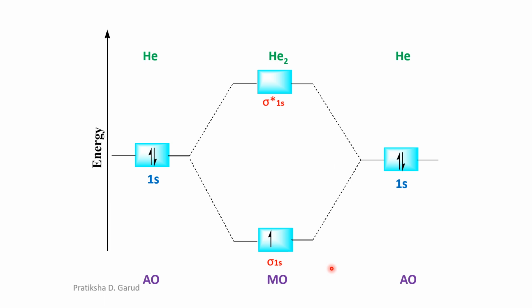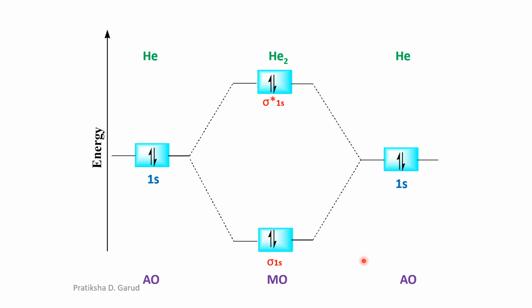We have the first electron from the first helium, the second electron from the second helium. That means the bonding is completely filled, then the next go into the anti-bonding, and again into the anti-bonding. So 2 electrons move into the bonding molecular orbital and the remaining 2 into the anti-bonding molecular orbital. So this is the MO energy level diagram for the helium molecule.